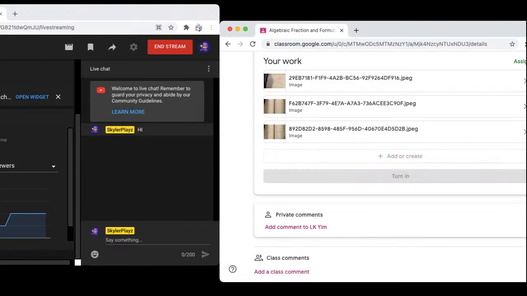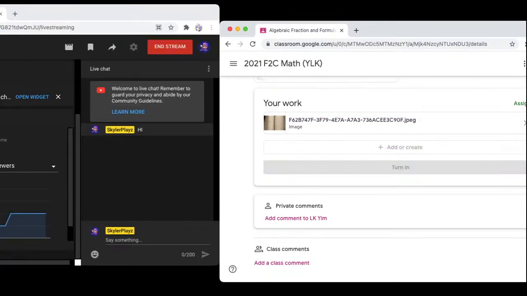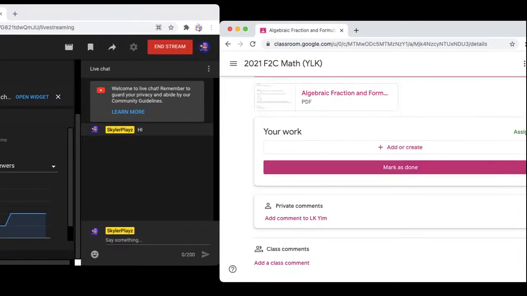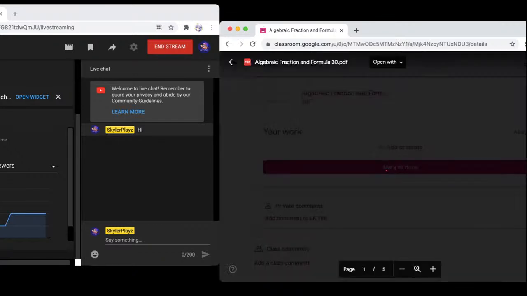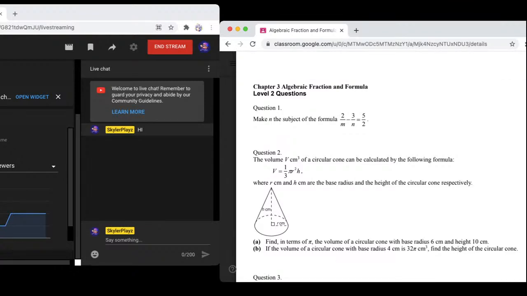How come I had a lot of photos here? I don't know, man. I open the PDF file now. Ready, and we're starting right now.